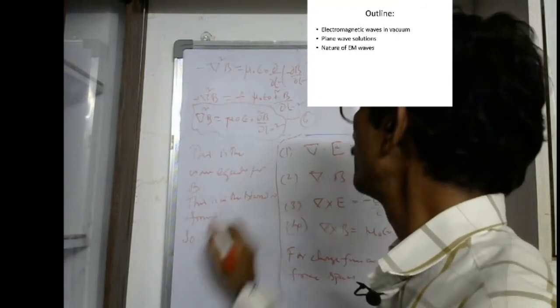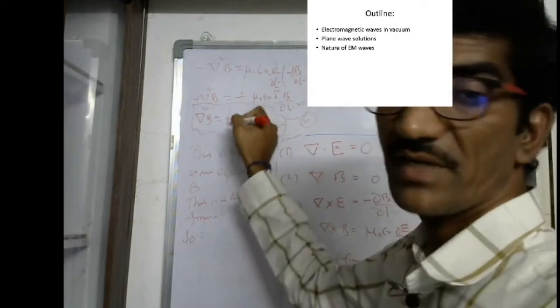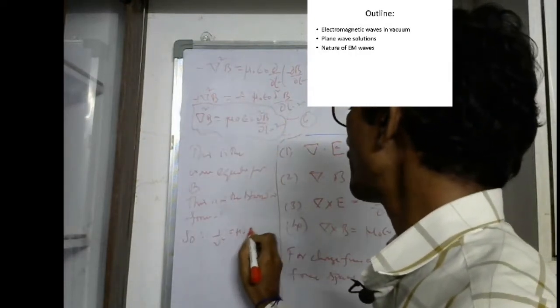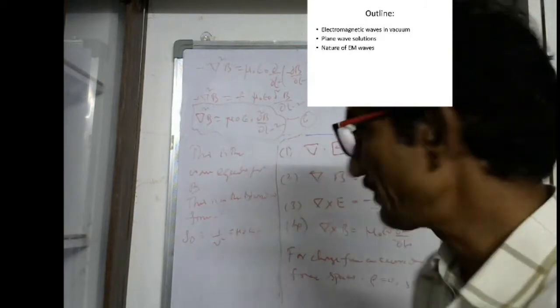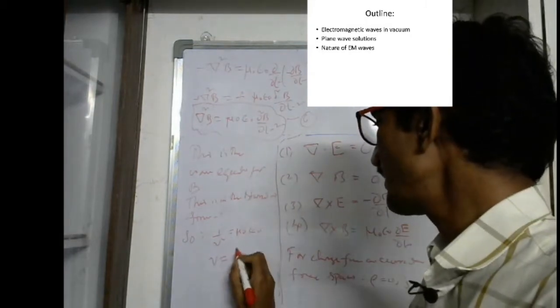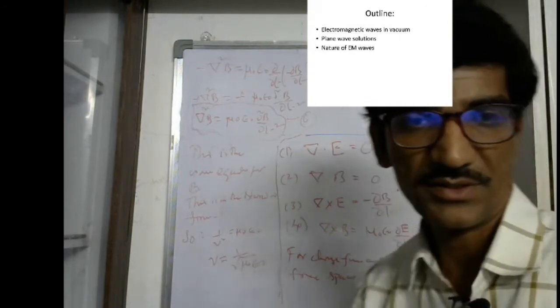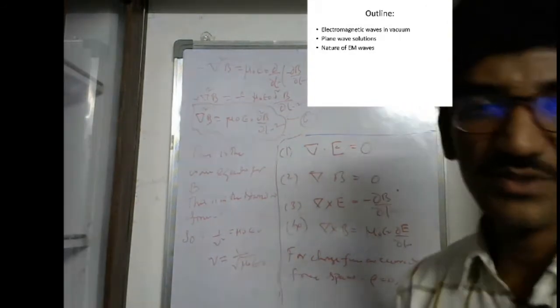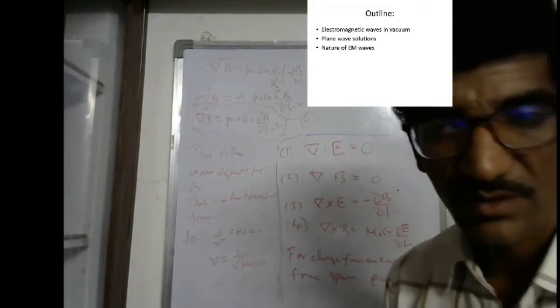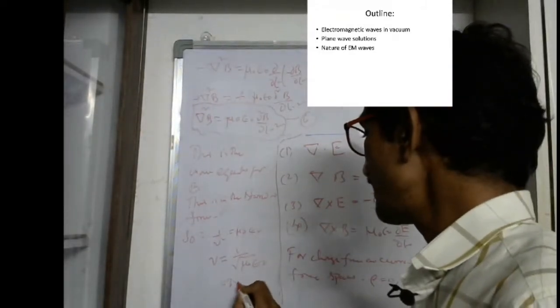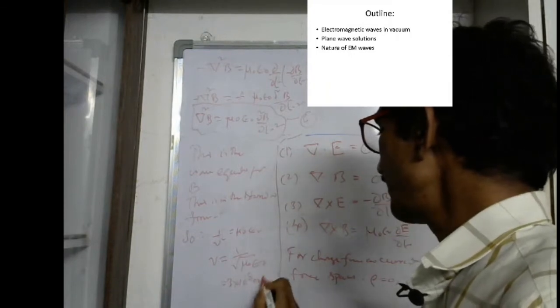So what is in the place of 1 by V square? Just mu naught epsilon naught. What is V? Velocity. So V is equal to 1 by under root of mu naught epsilon naught here also. When you substitute the values for mu naught and epsilon naught, you have 3 into 10 power 8 meters per second.